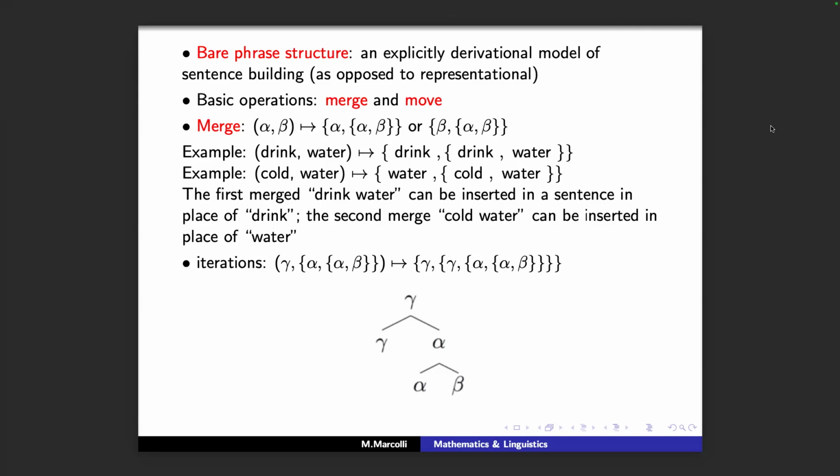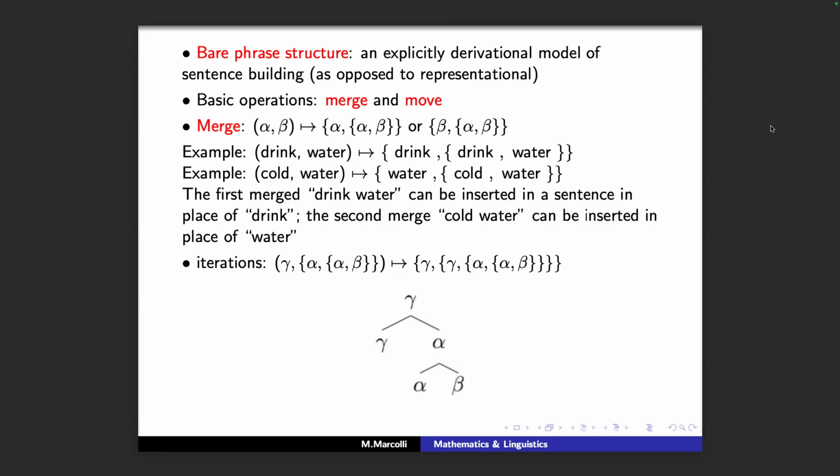All right. So you want two very basic operations. As I said, one that builds the structure and one that tells you how to transform it once it's built. And so at the time, in this first formulation of minimalism, these were called merge and move.